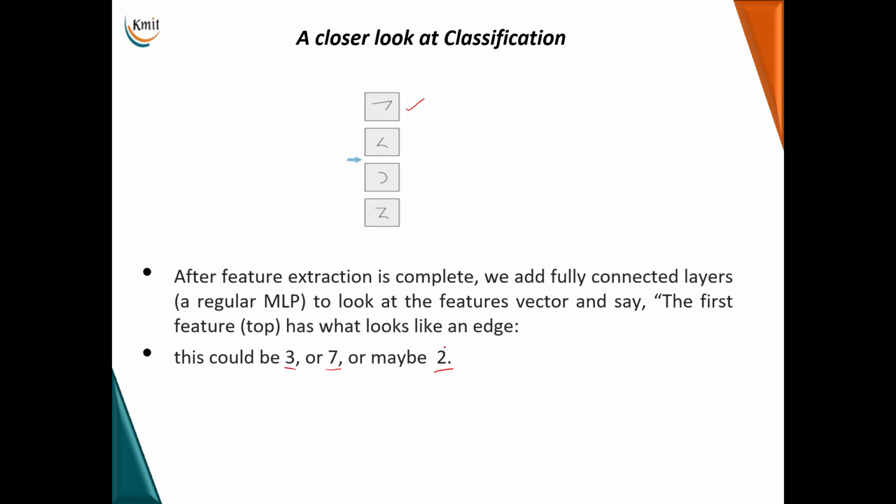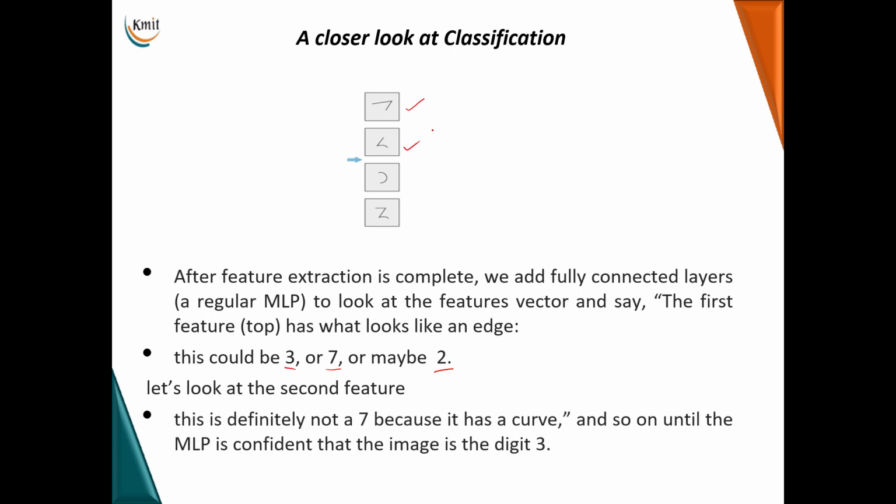So it will move on to check the second feature. And when I look at the second feature, it is definitely not 7 because of the curve present here. Then it takes the third feature and so on. This process continues till the model we have designed is confident that the image is digit 3. So this is how classification and feature extraction are carried out in convolutional neural networks.